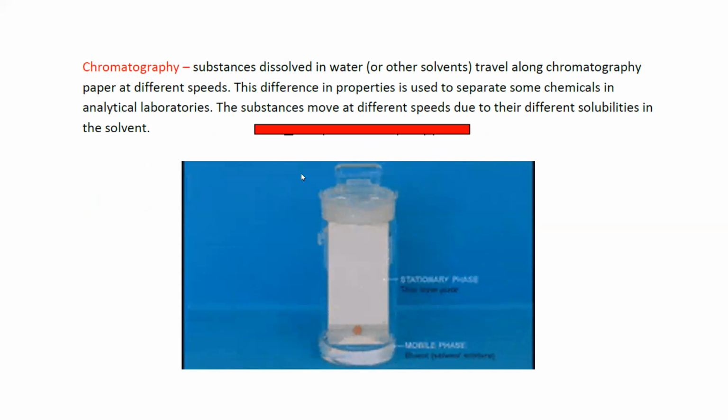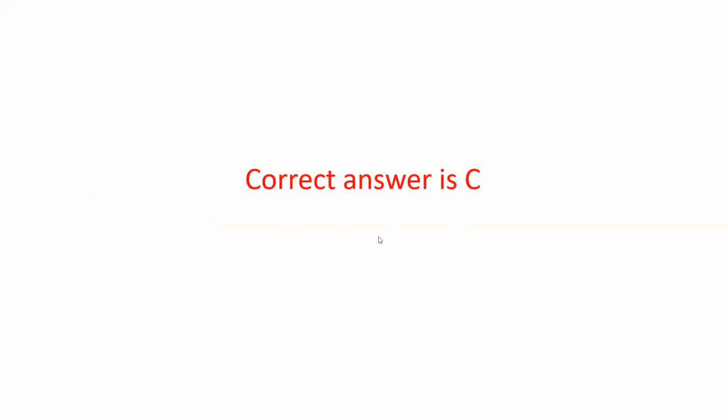Then we discuss chromatography. What do we do in paper chromatography? Chromatography comes in different types. It can be liquid chromatography, gas chromatography, or paper chromatography. But you are learning only one of them, called paper chromatography. In paper chromatography, the paper is called a chromatogram.